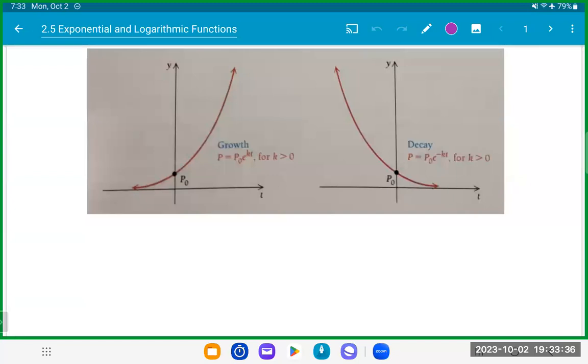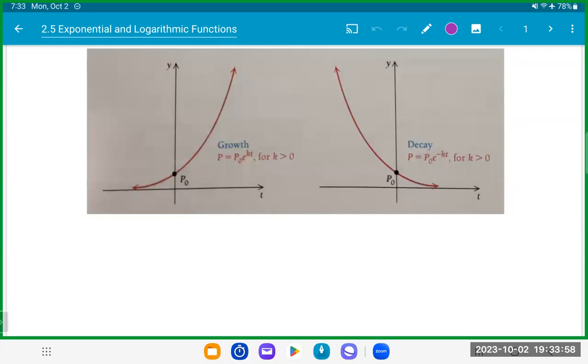All right, so now this section 2.5, in this section, we will look at applications of exponential decay. In the previous section, we were looking at exponential growth, right? That was where our K was positive.